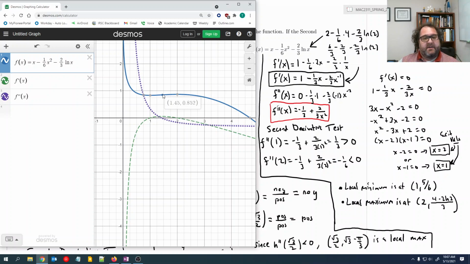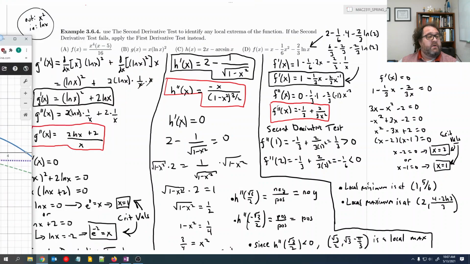What the second derivative test was saying was, we found a critical value 1, and at that location the function was concave up, therefore the second derivative was positive. We also found a critical value 2, where the function was concave down, which means the second derivative test said we had local extrema. All right, so that's the second derivative test.